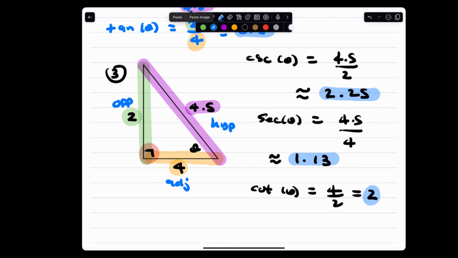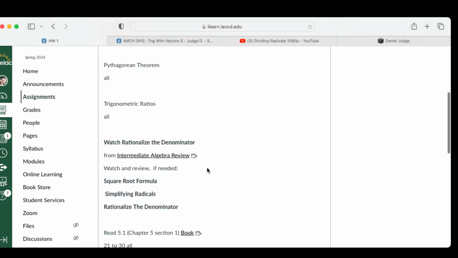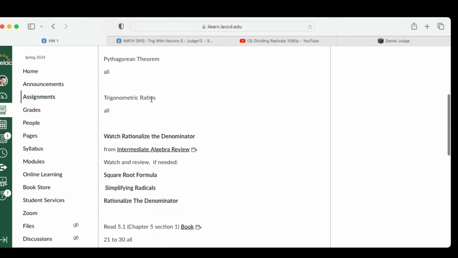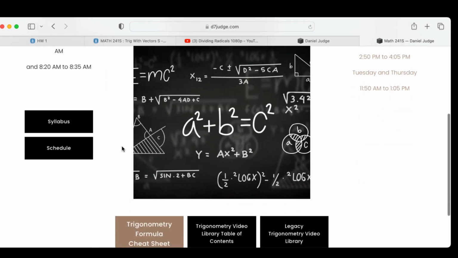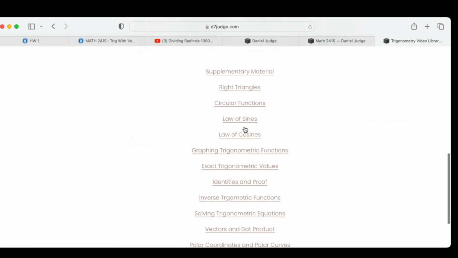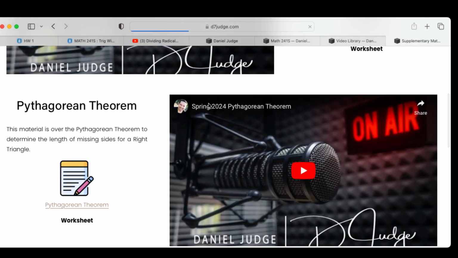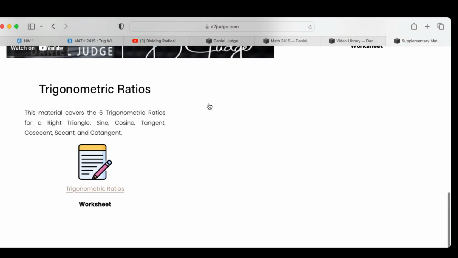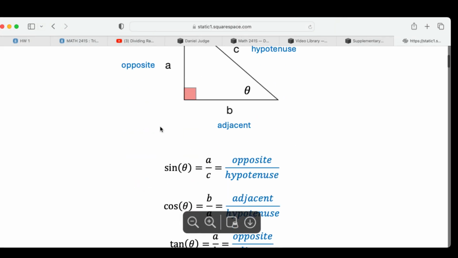If you go to your homework again, the assignment in Canvas, you know what I already put there? Trig ratios. And you say, well, where does that take me? It takes you to the trig library, supplementary material, trig ratios, and I'm going to put the answers here for you.